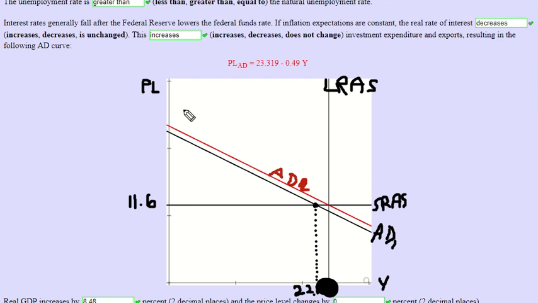Okay. And the reduction in interest rates caused investment expenditures to increase. It also caused consumption to increase, right? Because people are gonna buy a new car at lower interest rates. So that shifts aggregate demand outward, right?